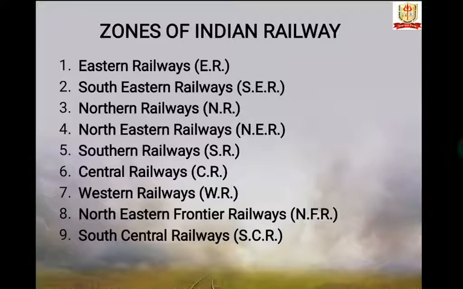The entire railway system comprising 35 railway administrations before April 1951 was regrouped into the following 9 zones: Eastern Railway, Southeastern Railway, Northern Railway, Northeastern Railway, Southern Railway, Central Railway, Western Railway, Northeastern Frontier Railway, South Central Railway.